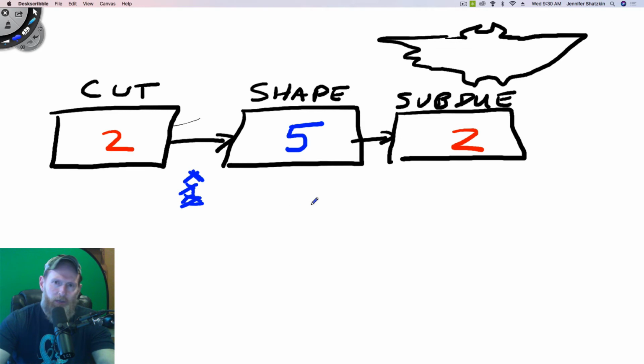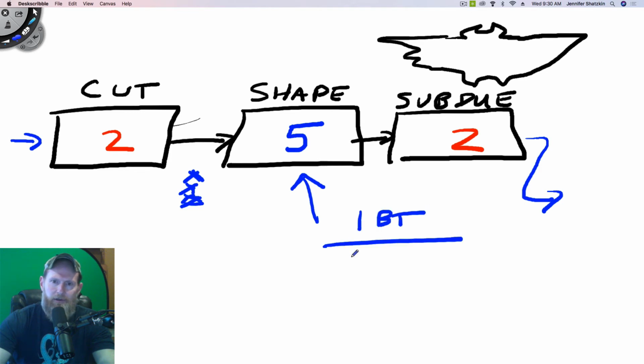And the other thing we talked about in class, that as long as we keep pushing batarangs into the system, meaning that we begin a new batarang every time this is open, we'll continue to have that buildup. But regardless, the output, the system's capacity, will be regulated by the bottleneck, and that will be 1 batarang every 5 minutes, meaning that the system pumps out a finished batarang every 5 minutes.